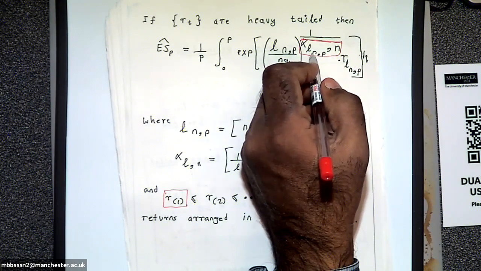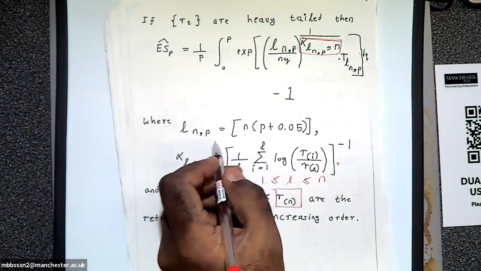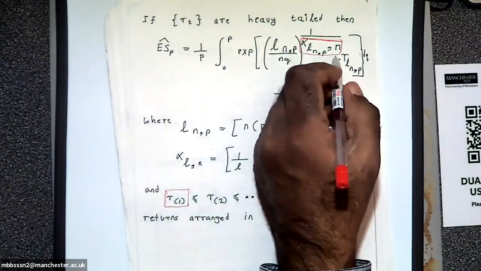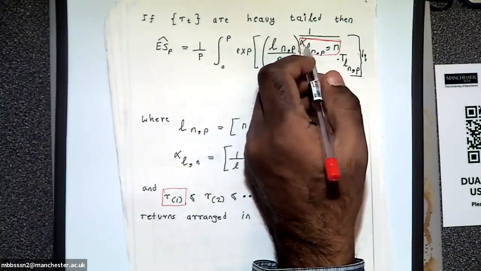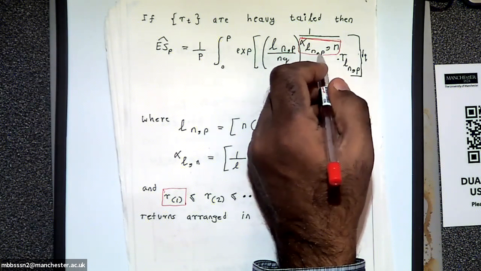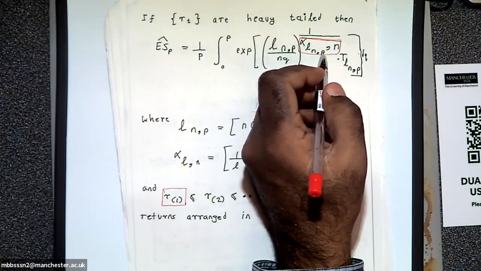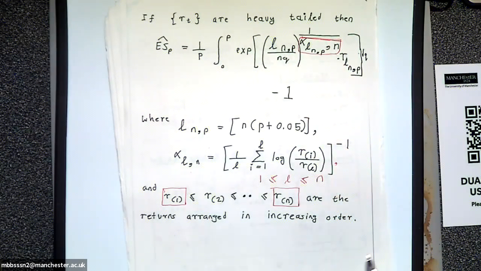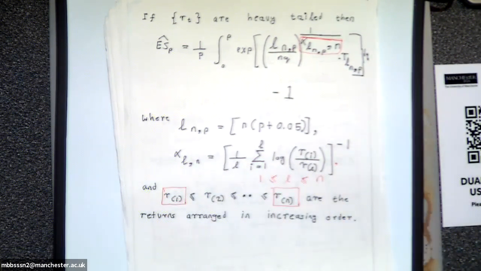The first subscript is L subscript N comma P, which is defined by this, and the second subscript is N. N is the number of data or number of losses, right? You follow me? And this is the definition of alpha.